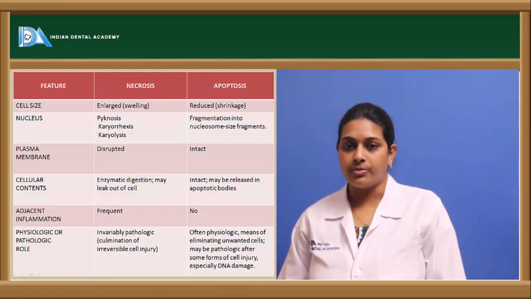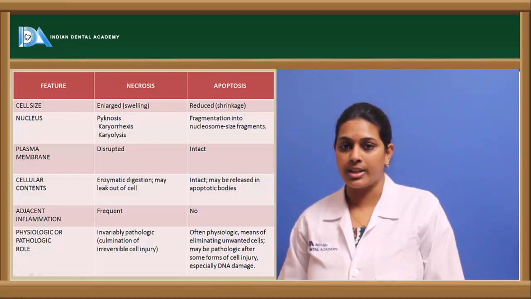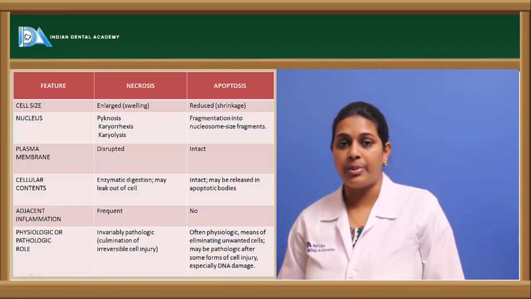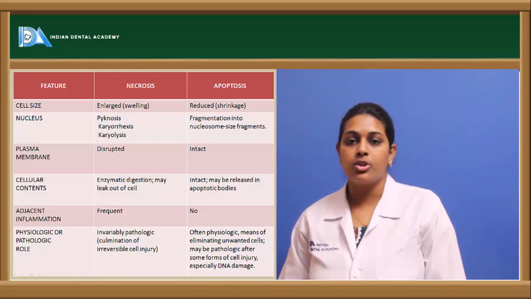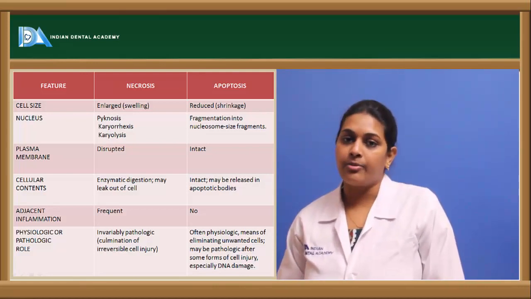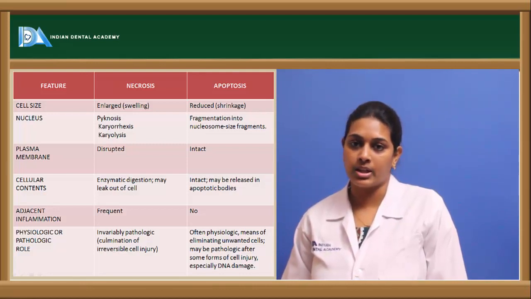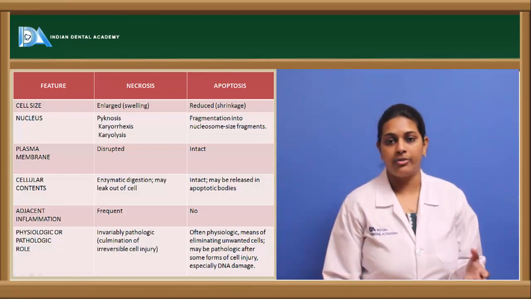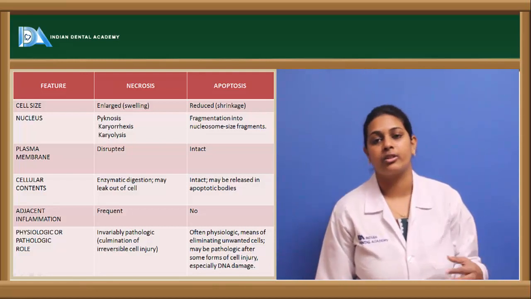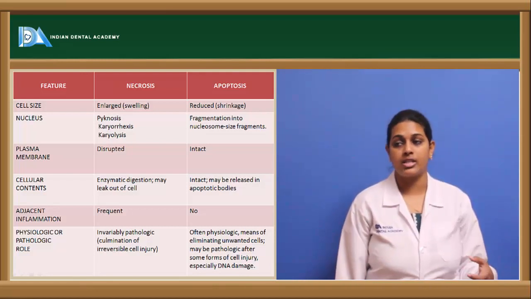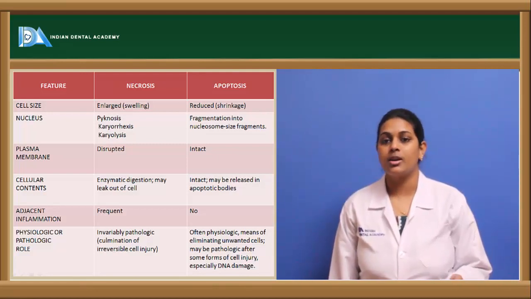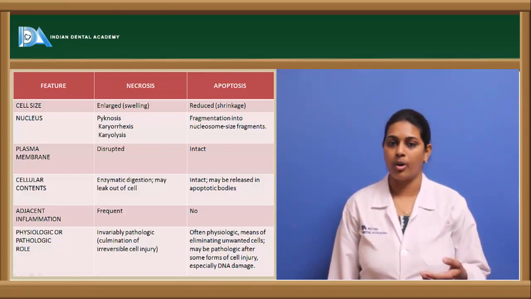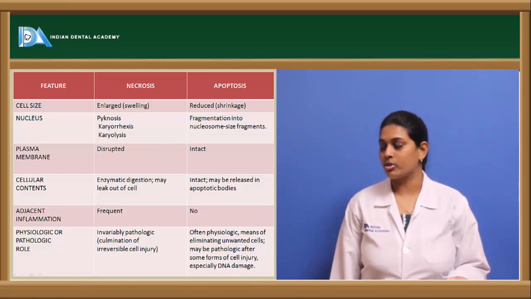This collection of cells into large amorphous densities is surrounded by inflammatory cells, that is polymorphonuclear neutrophils or other inflammatory cells. So there is frequent presence of adjacent inflammation surrounding a necrotic cell, whereas in apoptosis there is no such inflammation. So this is a major difference between necrosis and apoptosis on viewing microscopically.